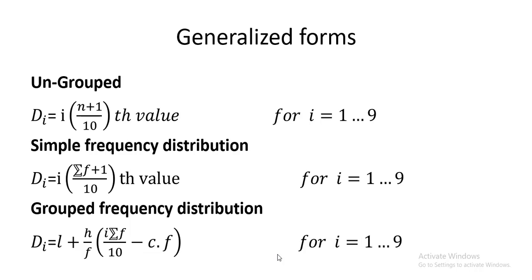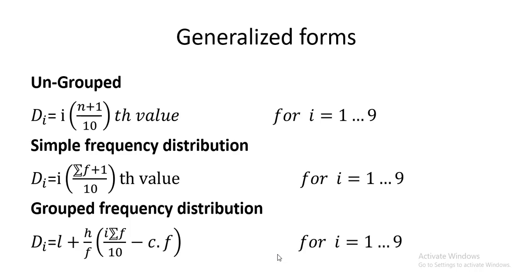Now, since I told you that it is of the same nature as the median, there might be a relation with the median as well. The median value and the decile values hold a relation.